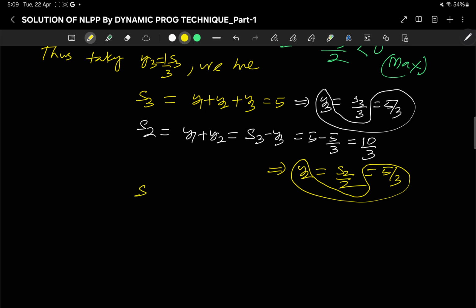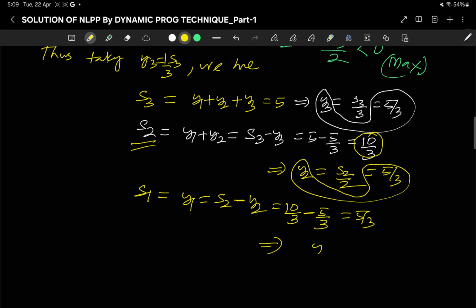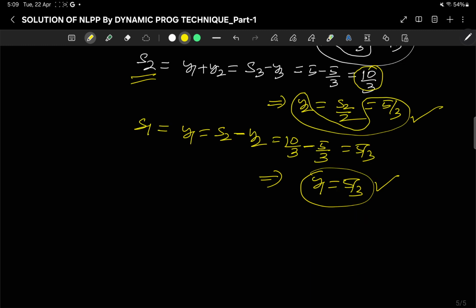So then what happens to my s1? s1 = y1 = s2 - y2. What is s2? s2 is 10/3, so 10/3 minus 5/3 is equal to 5/3. So this implies y1 = 5/3. So we are getting y1 = 5/3, y2 = 5/3 and y3 = 5/3.